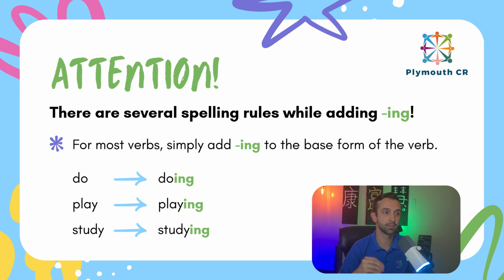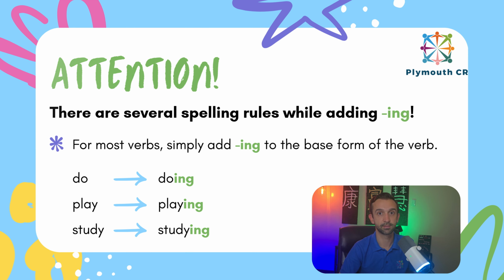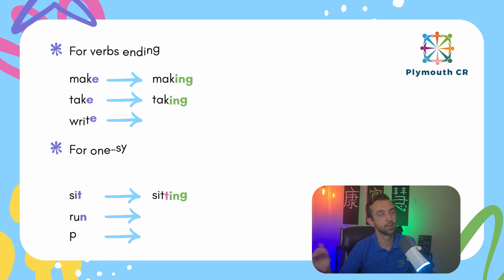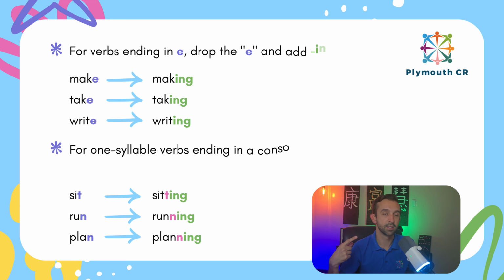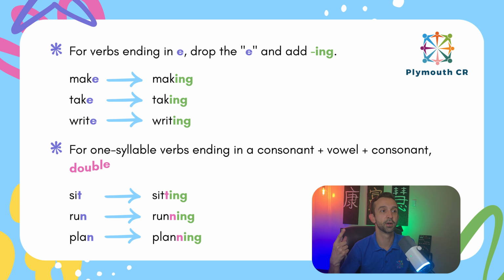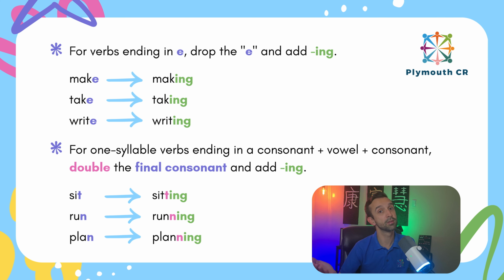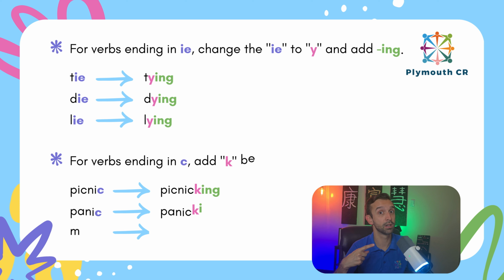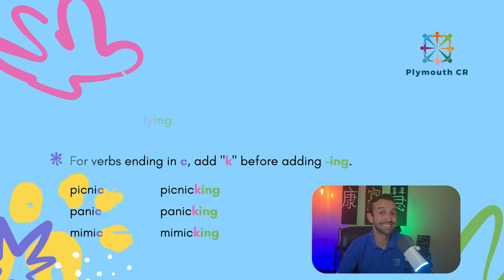So do, doing; play, playing; study, studying; and all the other rules that we have already covered when we learned the present continuous tense. I still added the rules in here, so you can pause the video and take notes if you don't remember. We have more here, so pause the video again.